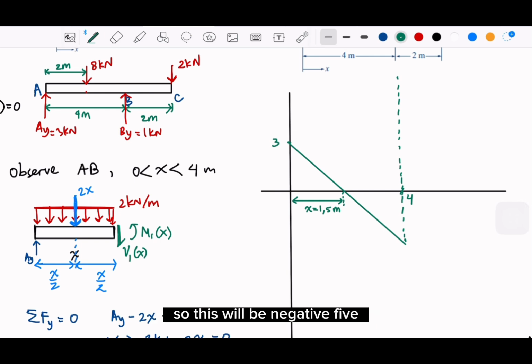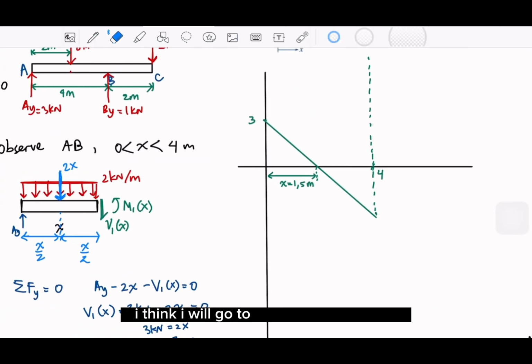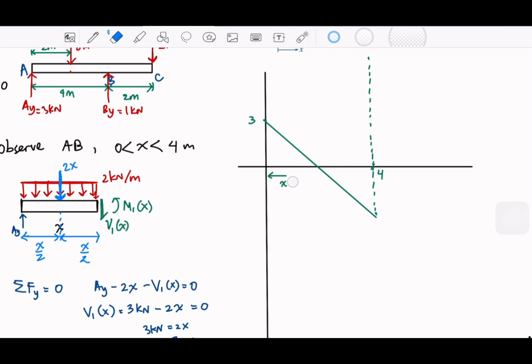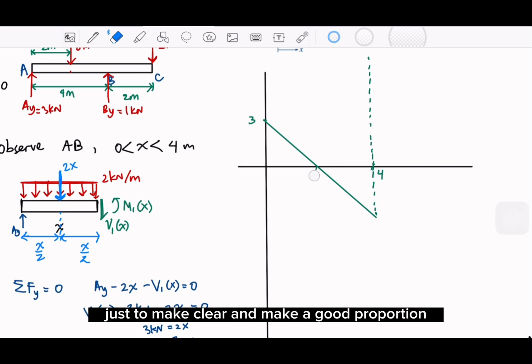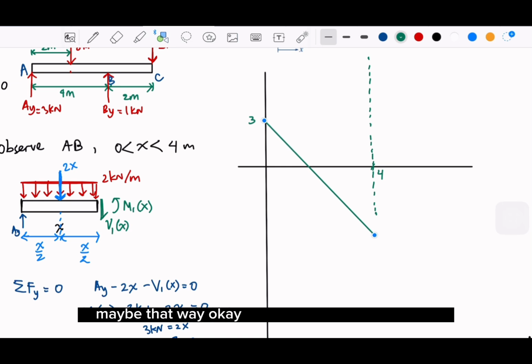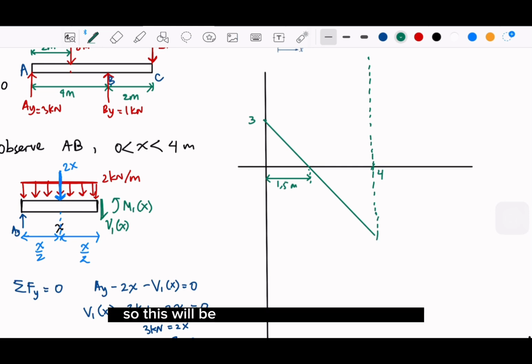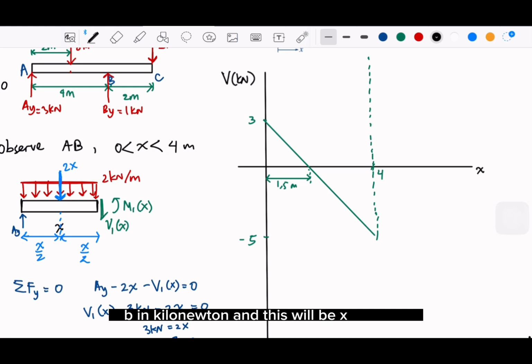So this will be -5 kilonewtons. This is V in kilonewtons, and this will be x in meters.